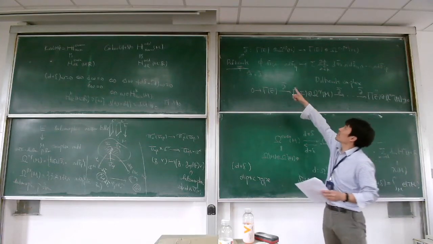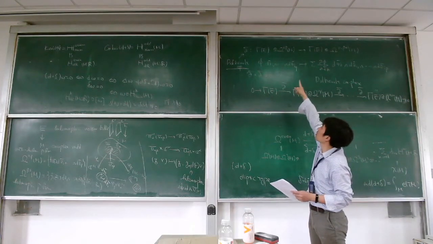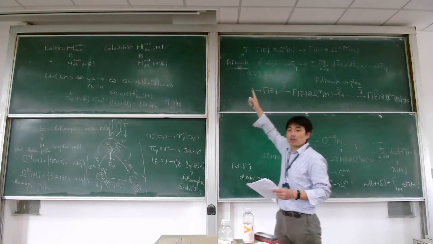So the phi is an element of a section of E tensor the anti-holomorphic differential form.